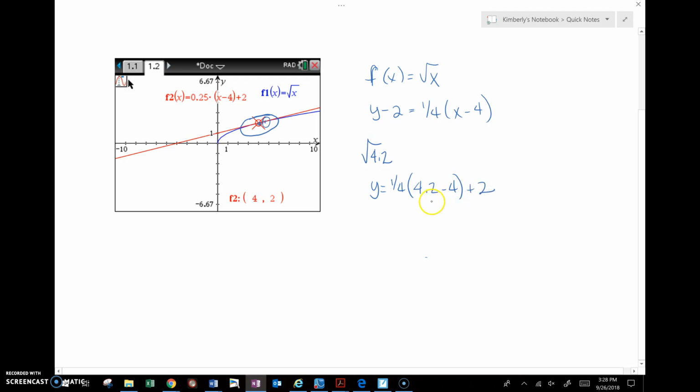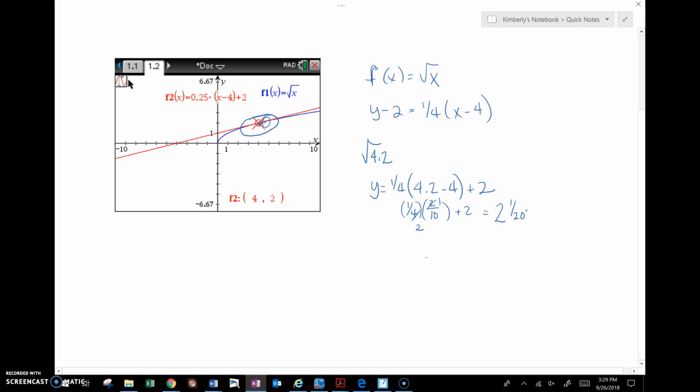So here we get 2/10, and so 1/4 times 2/10 plus 2, and we get 2 and 1/20. Not a bad approximation. If you put that in your calculator, you're going to see that we're really close to that. So that's one example of approximating with a tangent line.